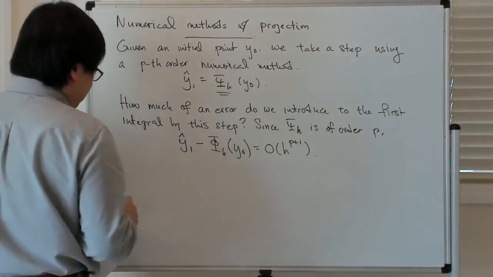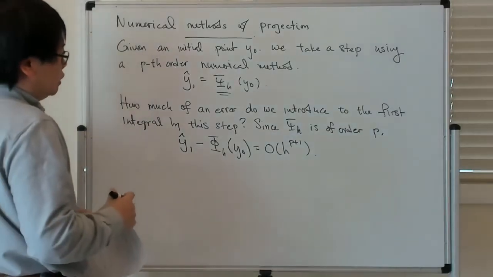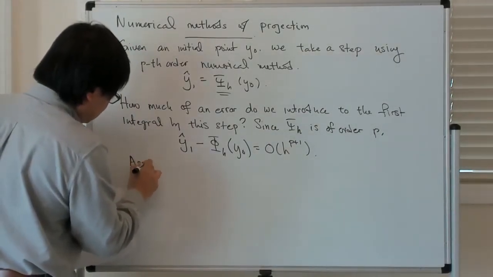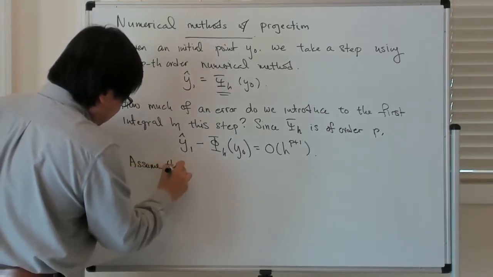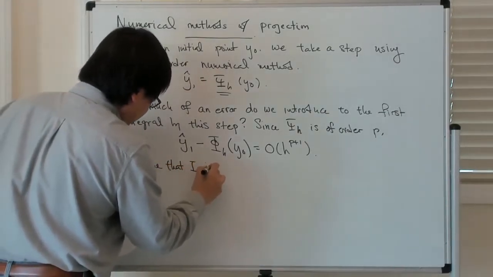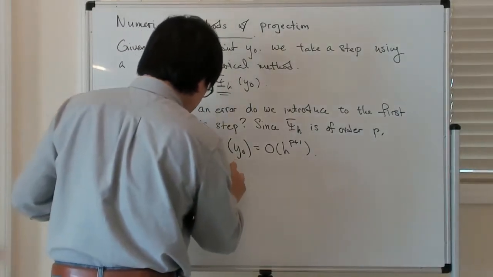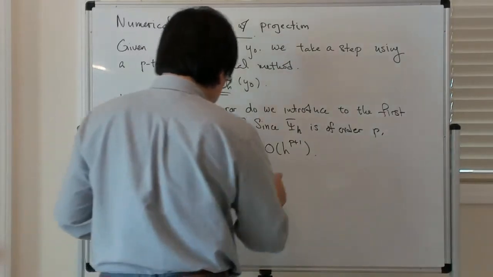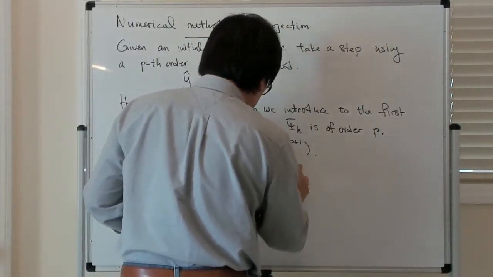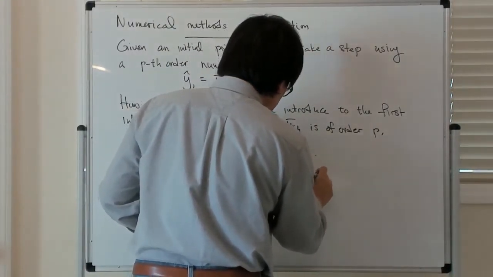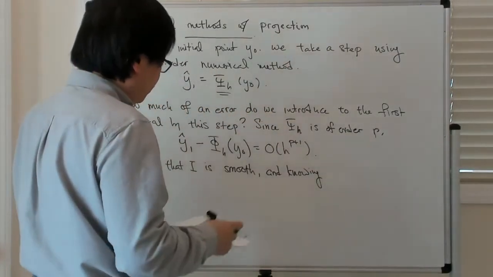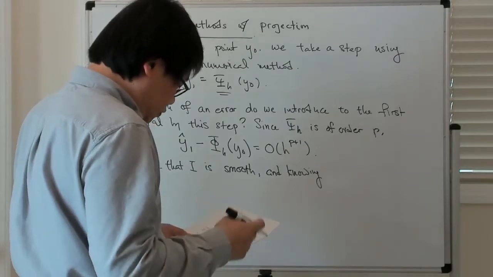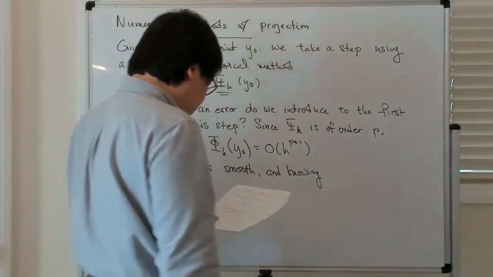Okay, and then we're going to assume further that I, which is our first integral, is a smooth function. And you also know that if you pull back the first integral by the exact flow map, you get the first integral itself.